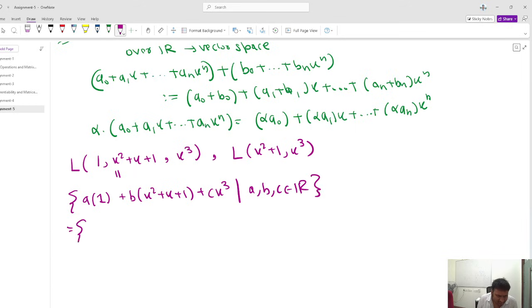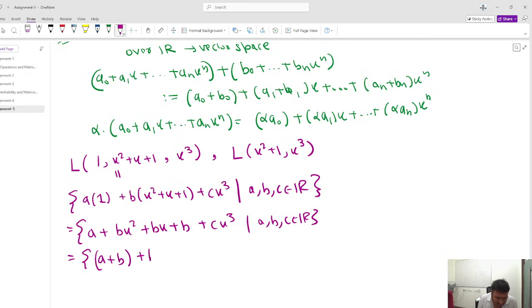Solve it a bit. That will be good. So this will be a + bx^2 + bx + b + cx^3. Write it in the standard form of a polynomial. So this is nothing but (a + b), the constant term, plus b·x plus b·x^2 plus c·x^3, where a, b, c belong to R. And similarly, what will this be, guys?